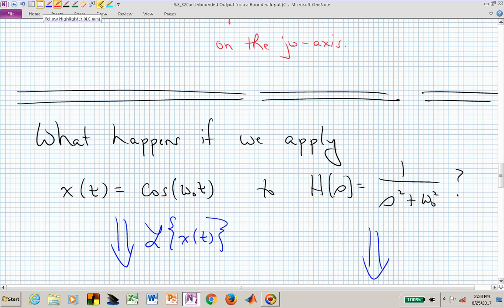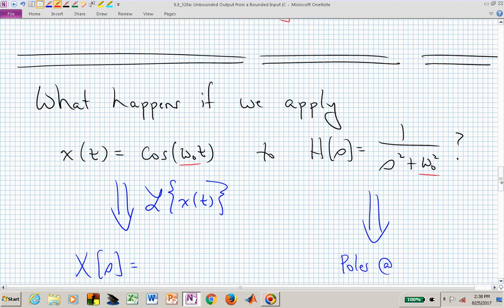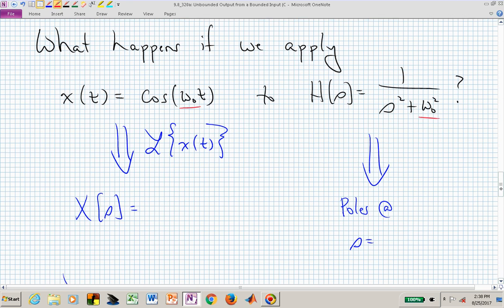And you might start having the hair on the back of your neck stand up, because now you should be able to see that we have a frequency at the input of omega naught, and our system actually has poles at, and now let's answer these questions.